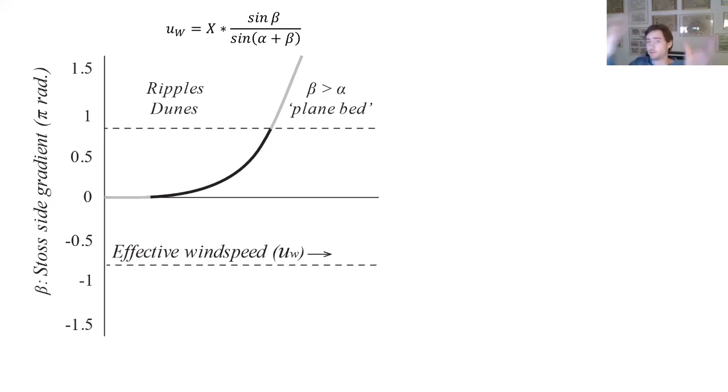All of the different things, the density gradient and all these different things, we condensed down into one constant, which we call x. If you plot this relationship, you find that as the wind speed increases, the windward angle goes up. So we have this initial regime of ripples and dunes that become steeper and steeper.